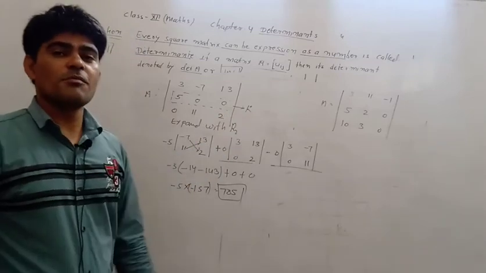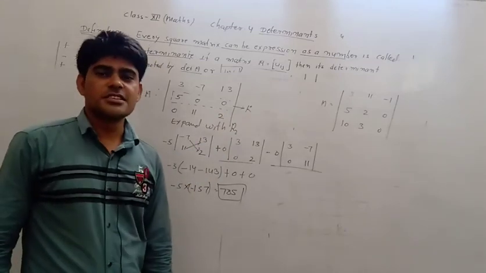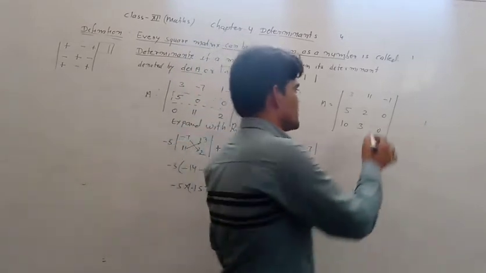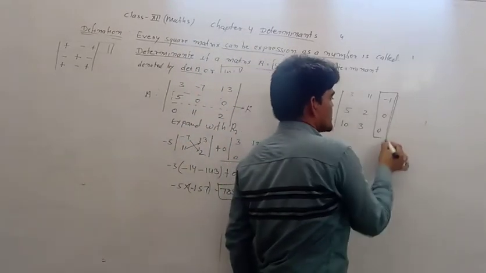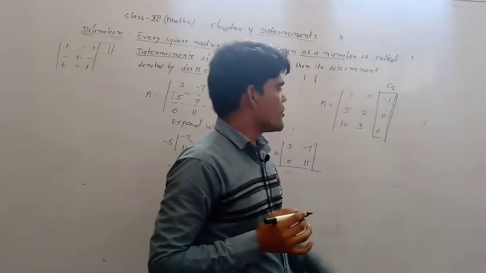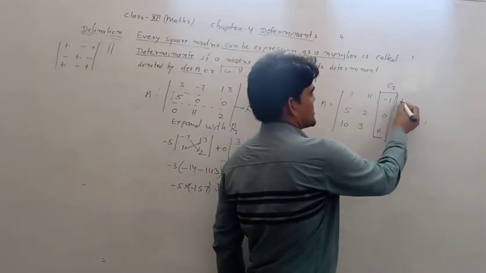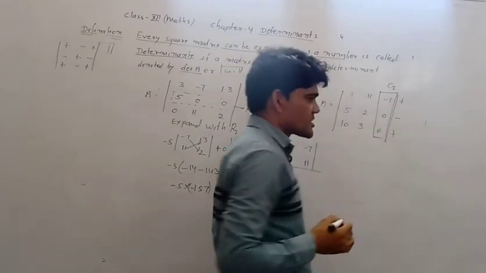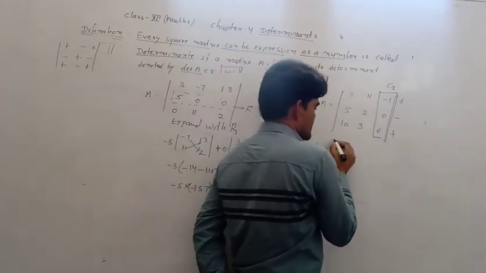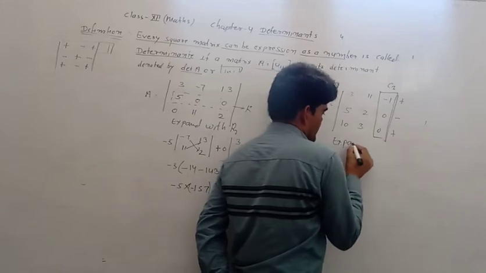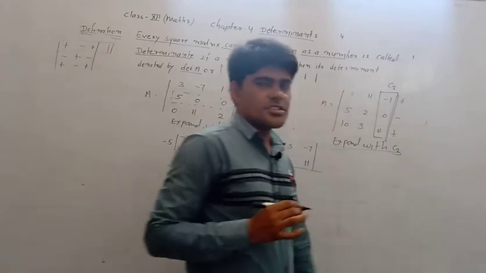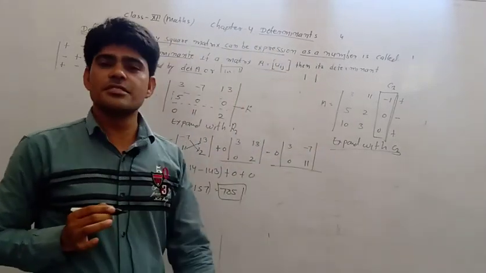We solve by using the third column C3, because there are two zeros in column C3. We expand with C3. This is the third column. First plus, minus and plus according to the rules. This determinant is expanded with C3.